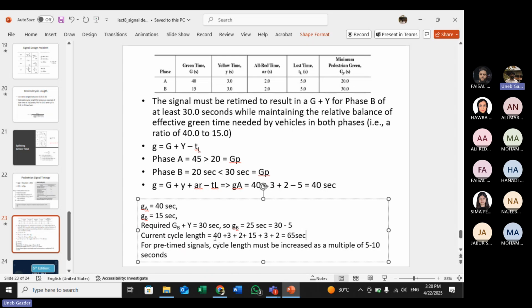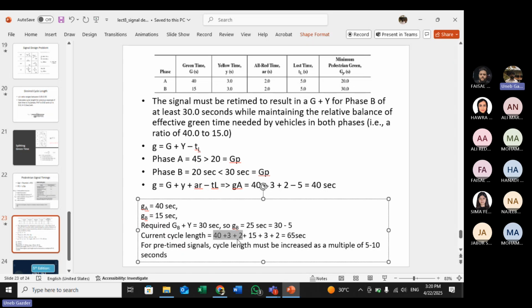First of all, I will calculate the cycle length. Cycle length is the summation of all phases. One phase equals yellow plus green plus yellow plus all red.